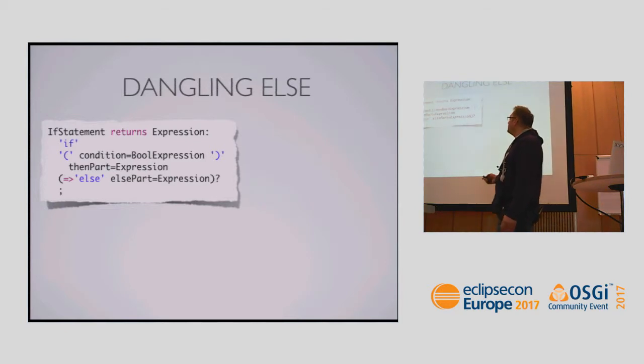So in this case, you're saying, okay, we're parsing the if part, and when we parse else, then assign the else part to the current object. So you can solve these kinds of problems.